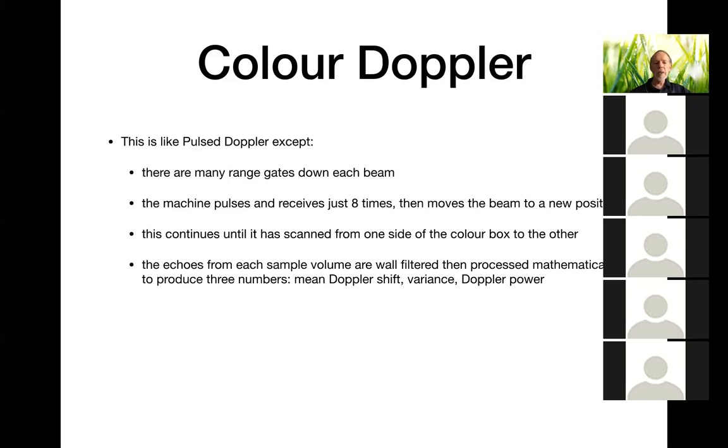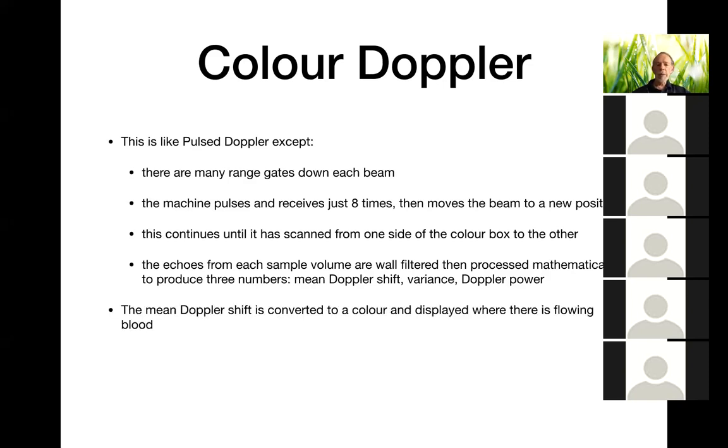In this case, it tells us what the range of Doppler shifts is within that sample volume. So whether there's a wide range of Doppler shifts, which would indicate disturbed blood flow, or a relatively narrow range of Doppler shifts, which would be normal. And then the third parameter is the strength of the Doppler signal, the Doppler power.